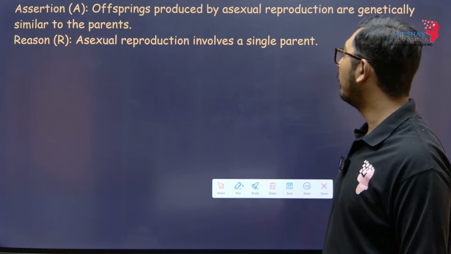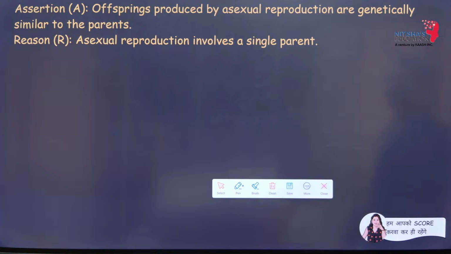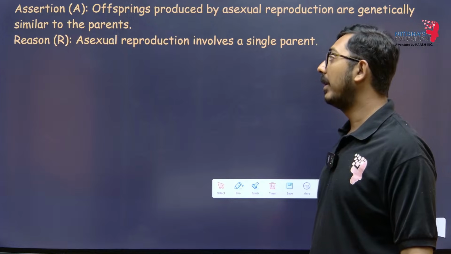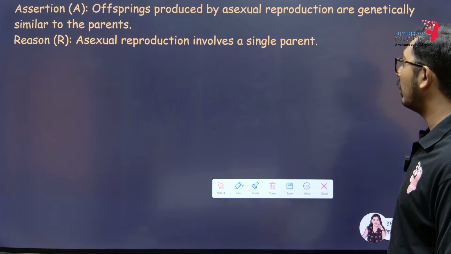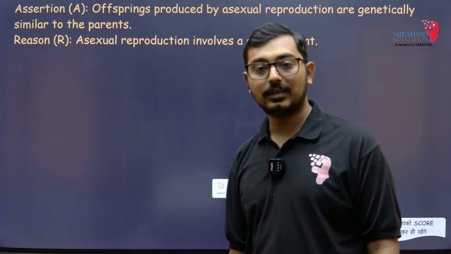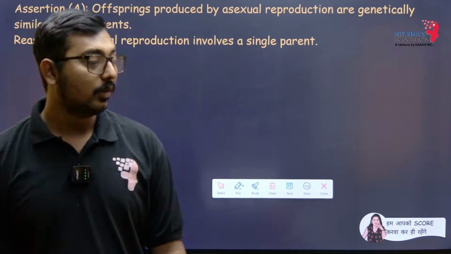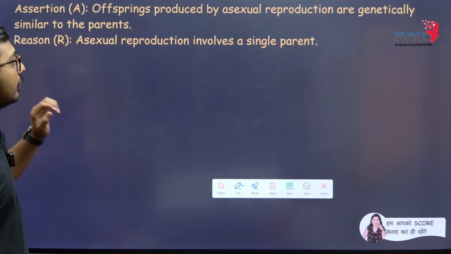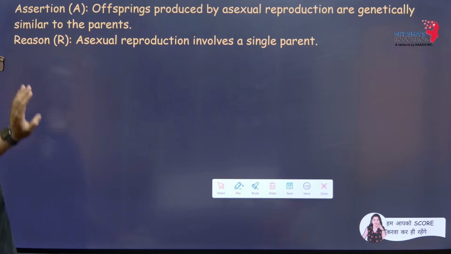Offspring produced by asexual reproduction are genetically similar to the parent, and asexual reproduction involves a single parent. This is an assertion and reason question. First, the assertion: offspring produced by asexual reproduction are genetically similar to the parent.